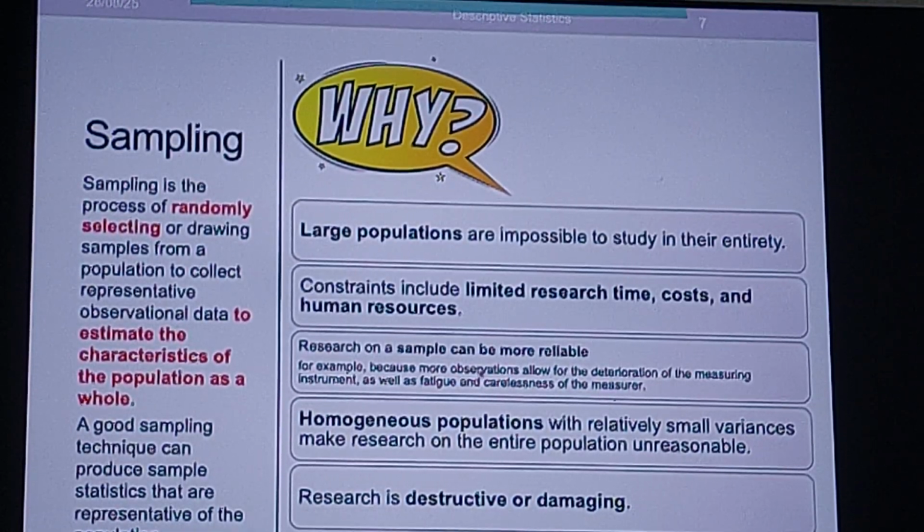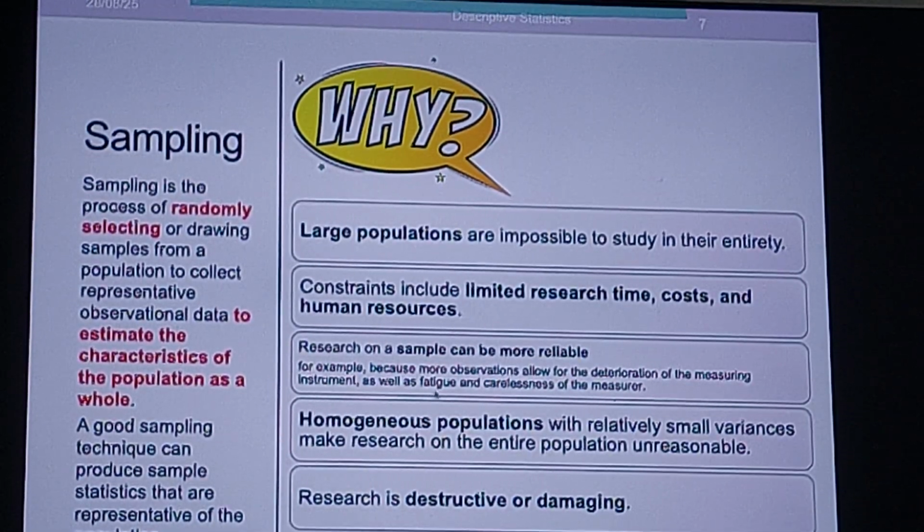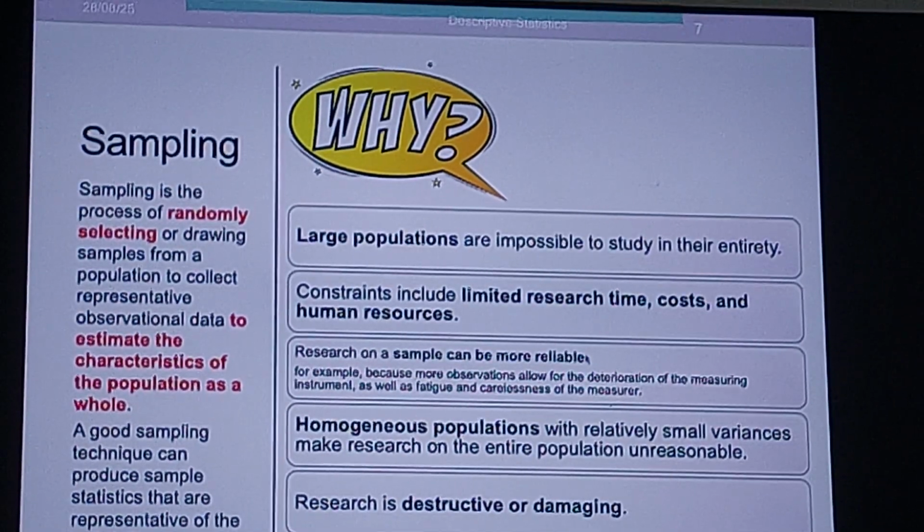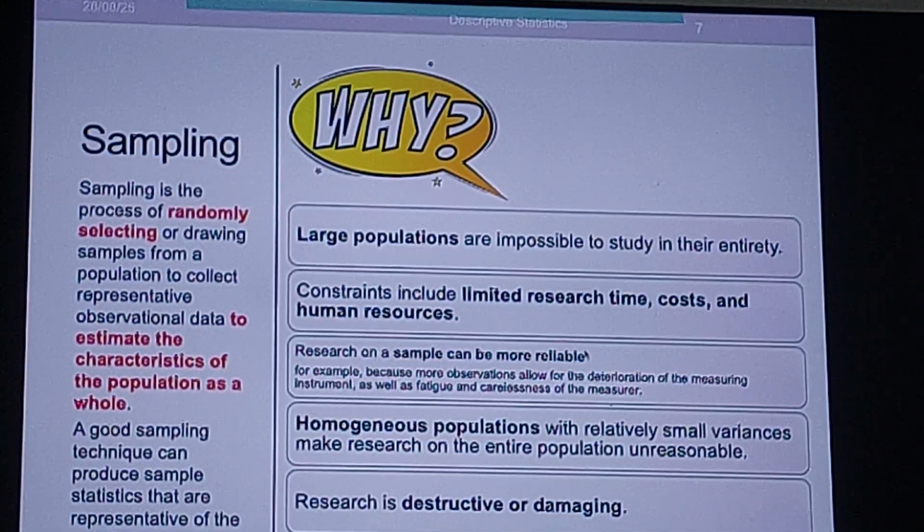because more observations allow the deterioration of the measuring instrument as well as fatigue thoroughness of the measure. So it's not for all research. Maybe some research uses destructive testing.